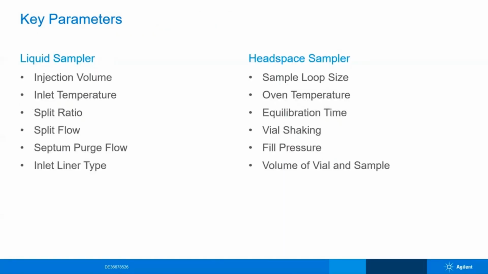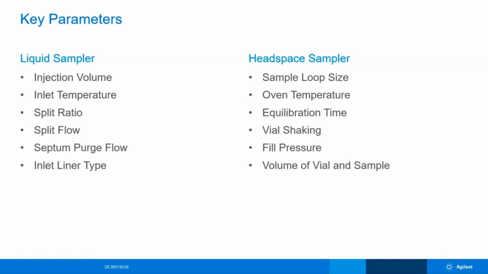So here's a quick review for folks who are maybe a little bit less familiar with Headspace sampling of the key parameters when you're developing the sample introduction side of a method. On a liquid sampler, injection volume, inlet temperature, split ratio, split flow, septum purge flow, and inliner types are all things that you have to choose when you're going to be setting up a liquid-based method.